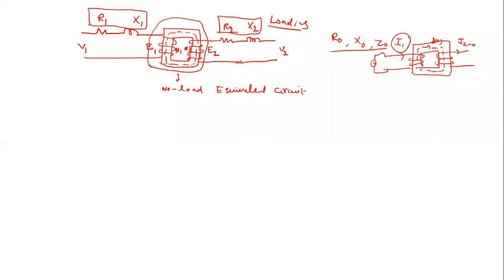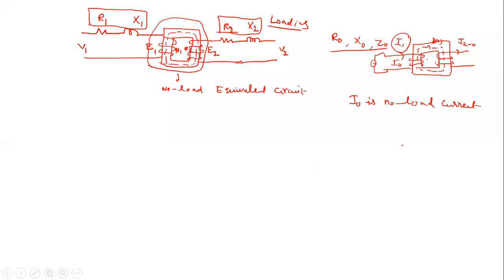The core would have a certain current, which is going to draw some I0 current, what is called the no load current. I0 is the no load current when I am not loading.